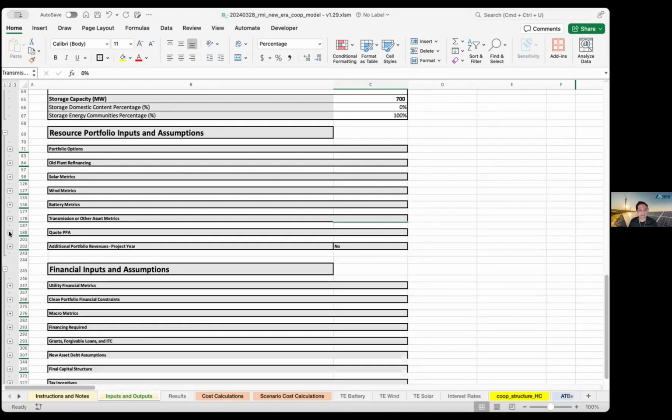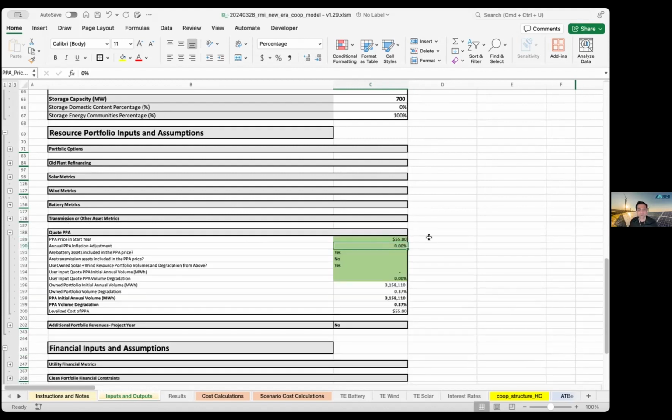That being said, the next section is you can also enter in, if you have information for this particular portfolio that you're entering in, a quote from a third party. You can enter in that quote directly. You can enter in the PPA price, any annual inflation adjustment.